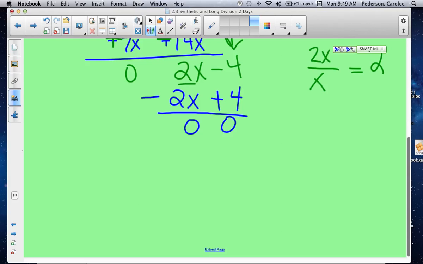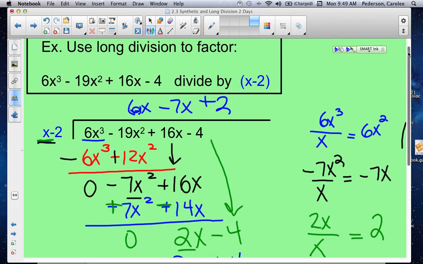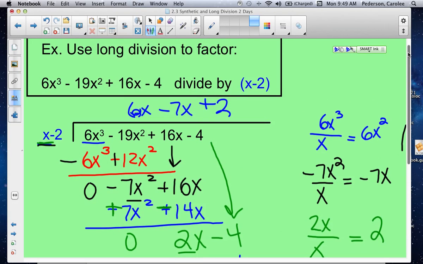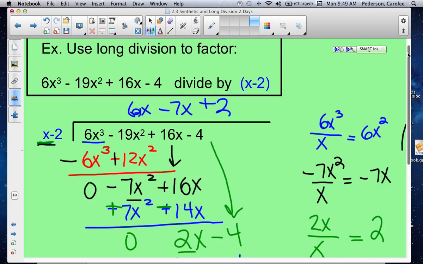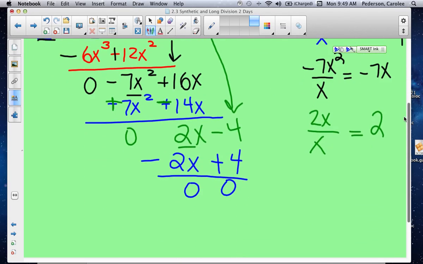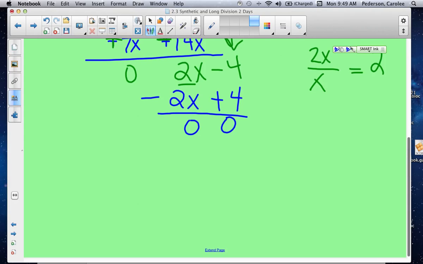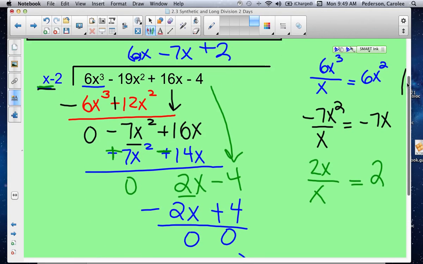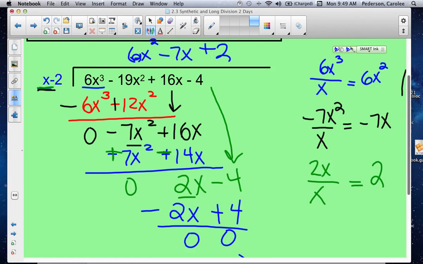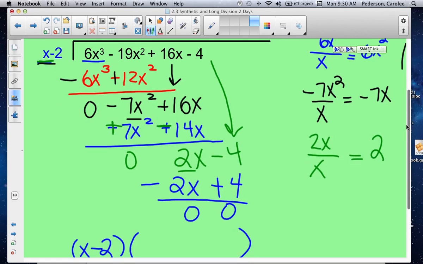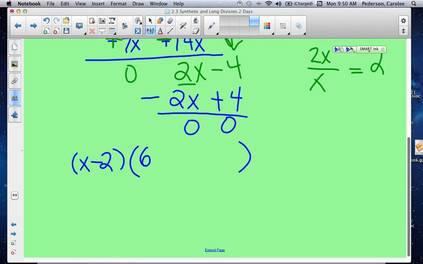So what this tells me is that this polynomial is factorable by x minus 2. So now my answer in factored form, I took out the x minus 2, and I'm left with 6x squared minus 7x plus 2.